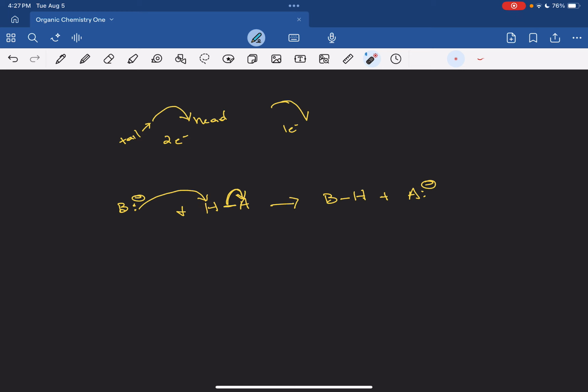So you couldn't have drawn the hydrogen going to the B. Sorry, you can't do that because that's not what's happening. The hydrogen moved indirectly toward B because you broke the bond between hydrogen and A.